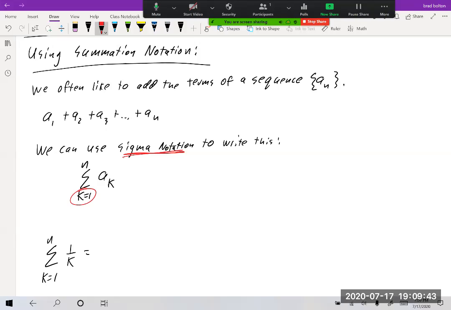This oftentimes is referred to as the index, right? And it tells you where to start. So this is your starting point. This is the value you start plugging in, and this is the value you stop plugging in, okay?